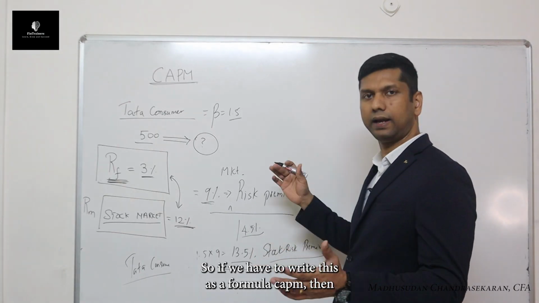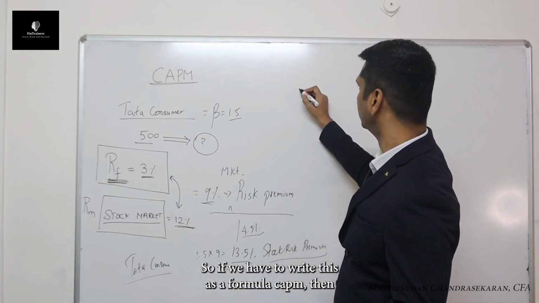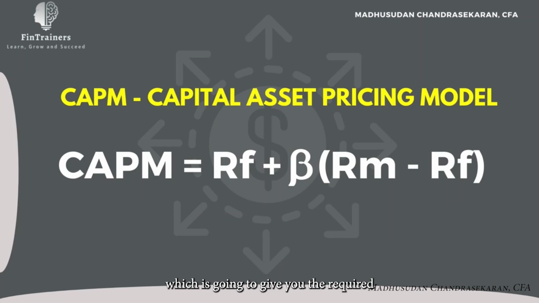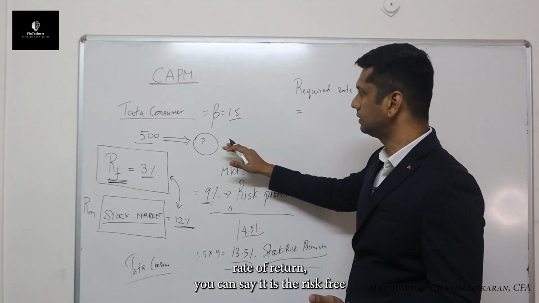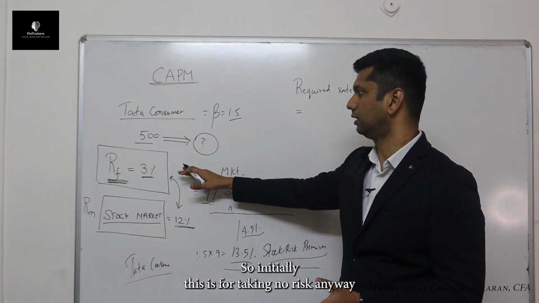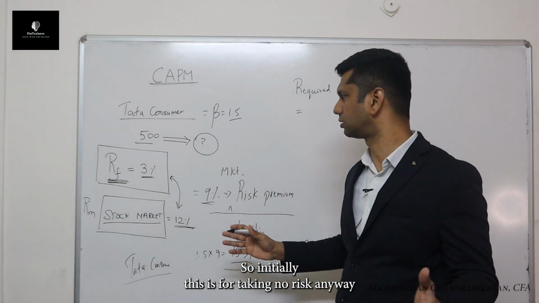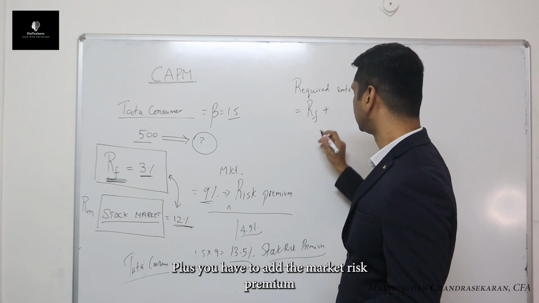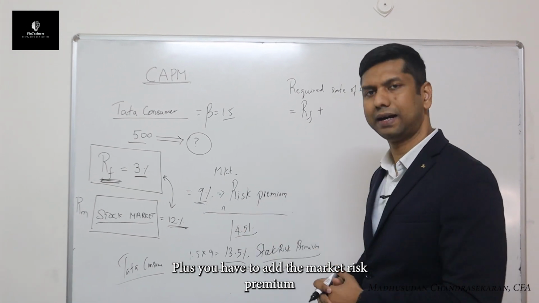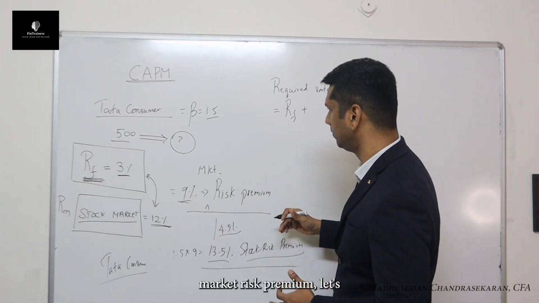So if we have to write this as a formula, CAPM, which is going to give you the required rate of return, you can say it is the risk-free rate. Initially, this is for taking no risk. Anyway, you will get it, right? Risk-free rate, plus you have to add the market risk premium.